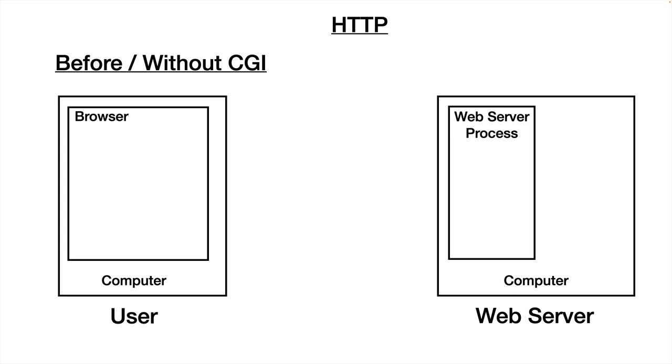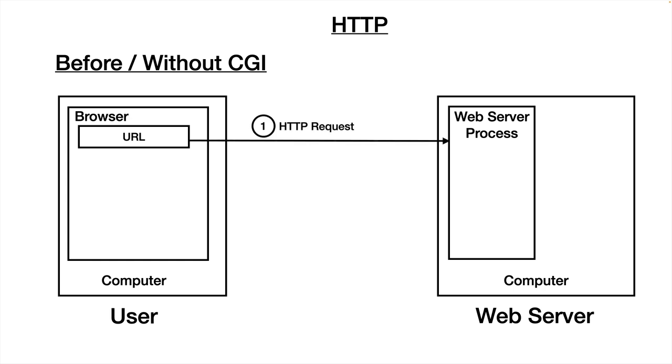And on that web server, you have one or more web server processes running that are going to handle requests for web pages. So the user in their browser enters a URL and clicks go or hits return. And what that does is it causes something called an HTTP request to be sent to one of the web server processes. The web server process then locates the requested web page, which is an HTML file.